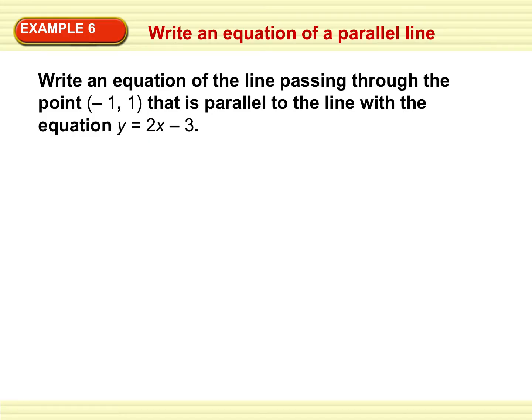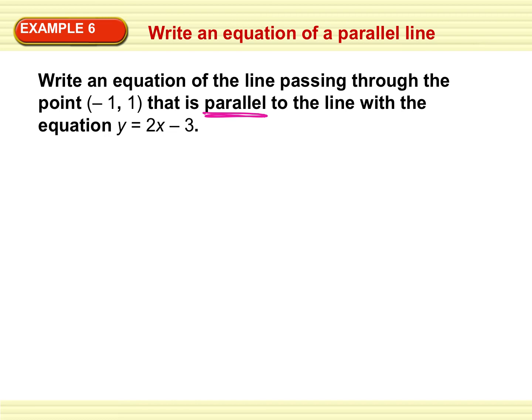So the next example, it wants us to write an equation of a parallel line. In this, they want us to write an equation of the line passing through the point negative 1, positive 1, that's going to be parallel to the line with the equation y equals 2x minus 3. So what we need to take away from this problem is recognizing that parallel lines have the same slope.